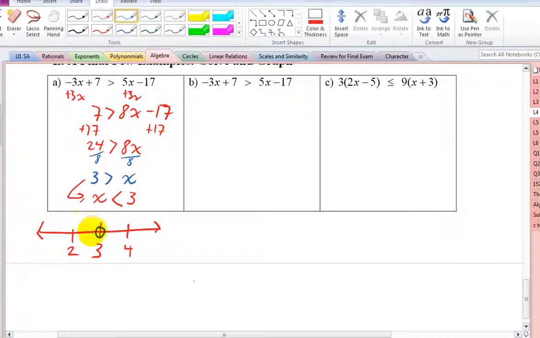Left. So for your check, what number can we use for our check? 0, 1, 2, any number over on this side. Absolutely, all the negatives would work. 0 would be an easy one because these terms cancel out. 1 would be an easy one, right?